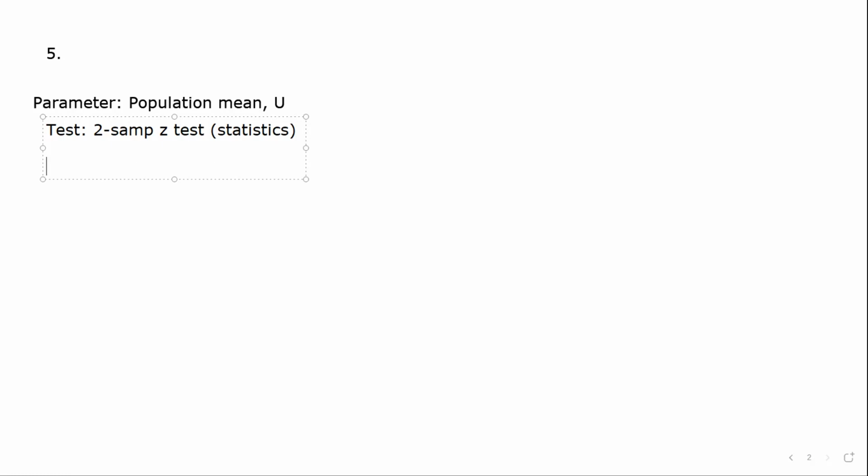Our method is going to be the p-value approach.